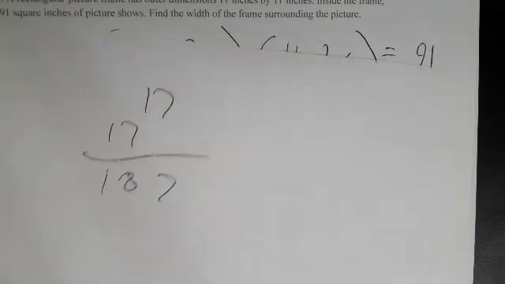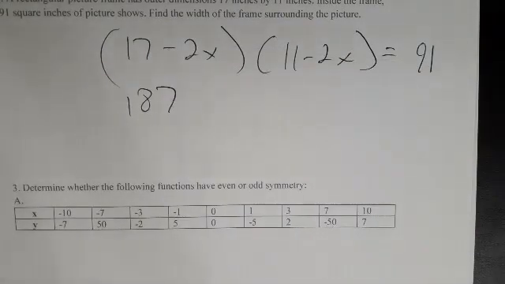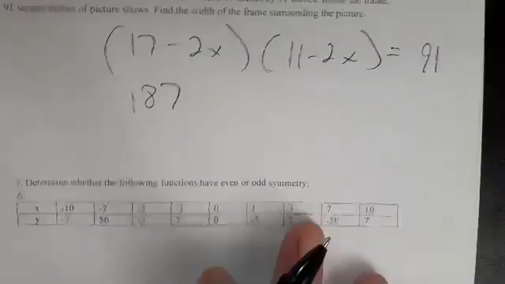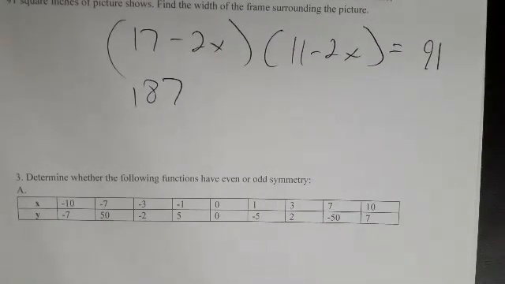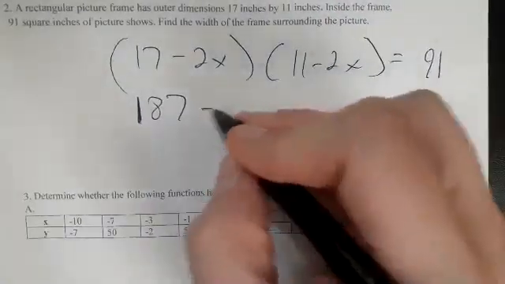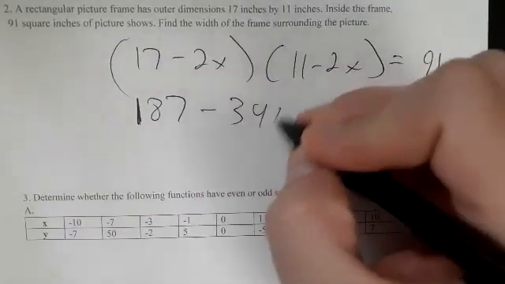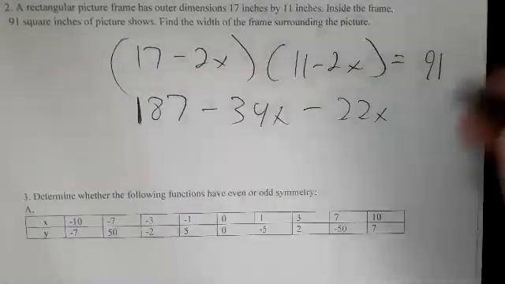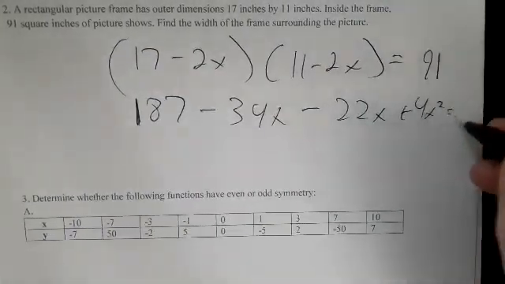You just move it over and you have the tens and ones together. Okay. I did too many UIL competitions when I was younger. 187, subtract what? 34x. We're going to subtract 22x. We're going to add 4x squared, and that's going to equal 9.